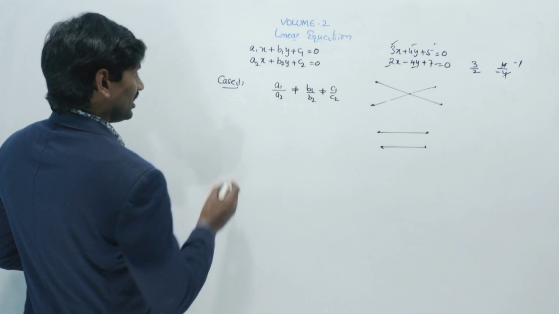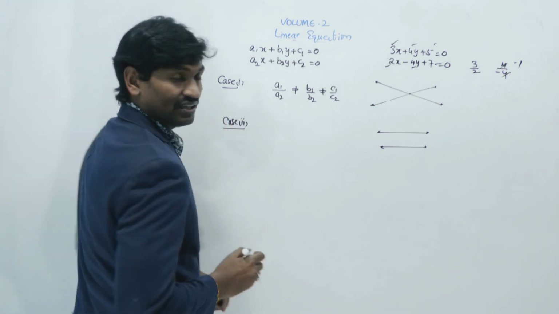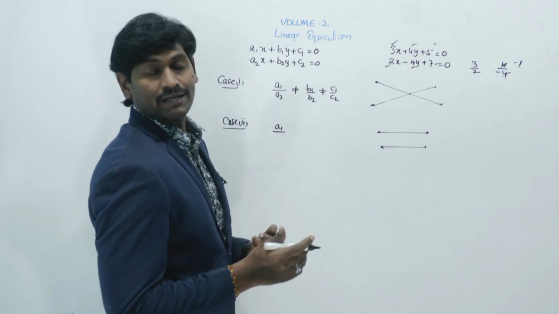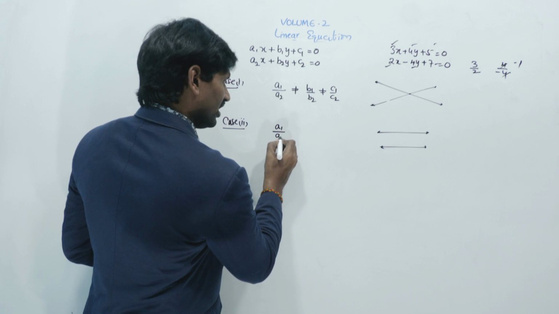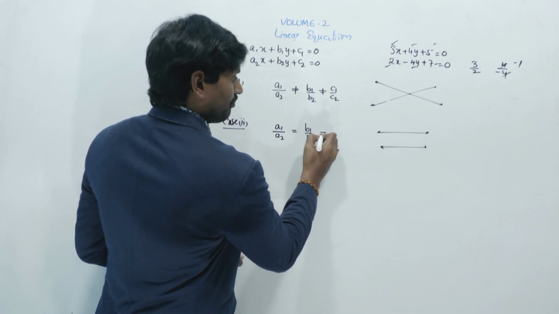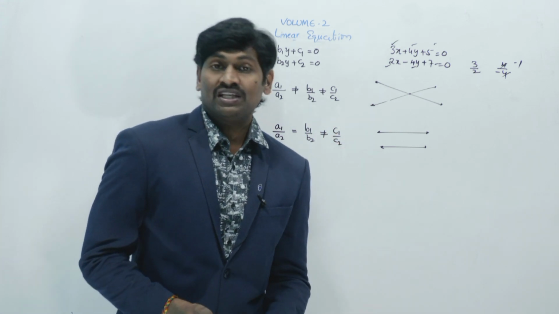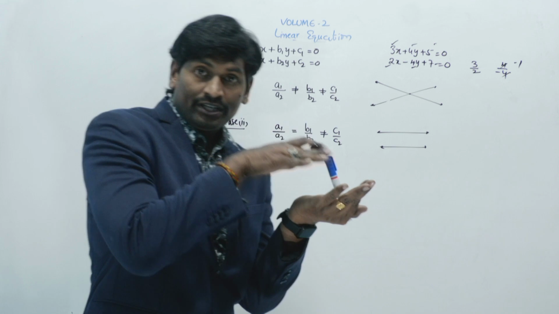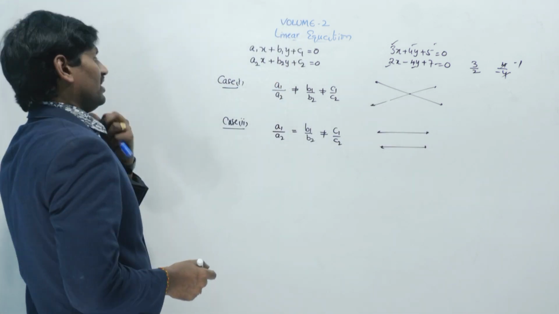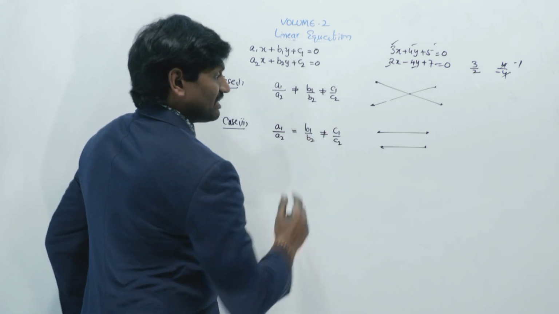Now what about the parallel lines? For parallel lines, the condition is that the two ratios must be equal, that means a1 by a2 equals b1 by b2, but the constants ratio should not be equal. If the constants are also equal, then both lines will coincide. So the condition for parallel lines is a1 by a2 equals b1 by b2 not equal to c1 by c2.